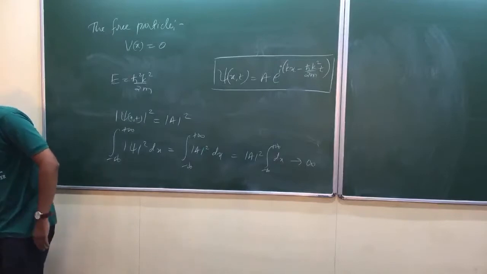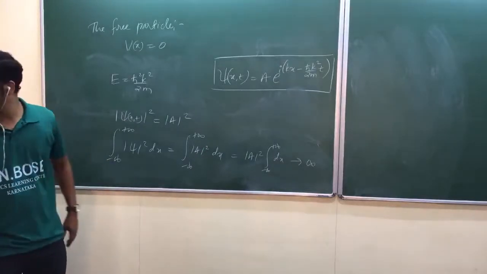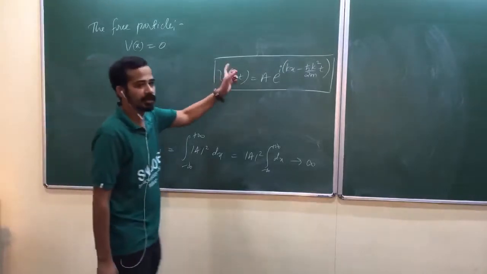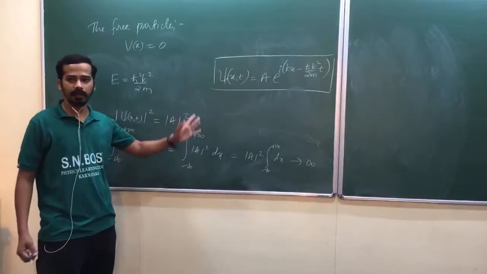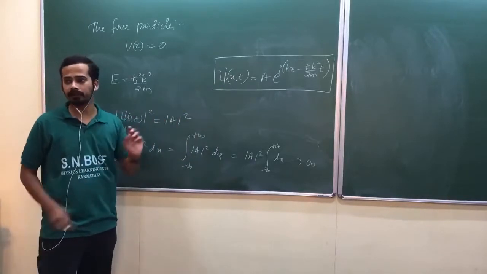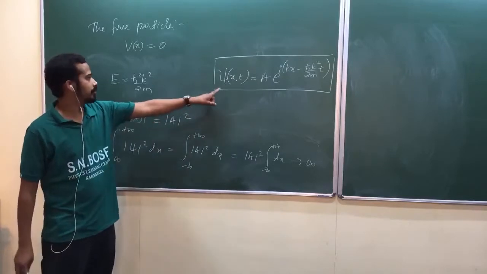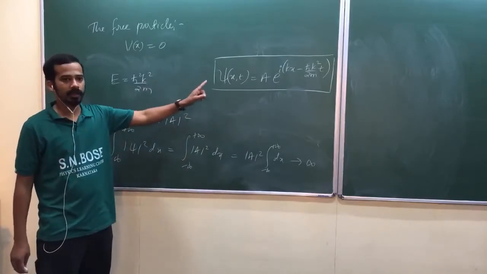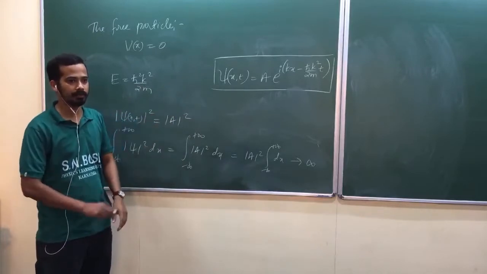If it is not normalizable, we can't have this state, am I right? Physically. If it is not normalizable, we can't have that state. What do you mean by that? What is this state? This is the state of energy, am I right? Energy eigenstate actually. H psi equal to E psi. You can find that. Is that okay?